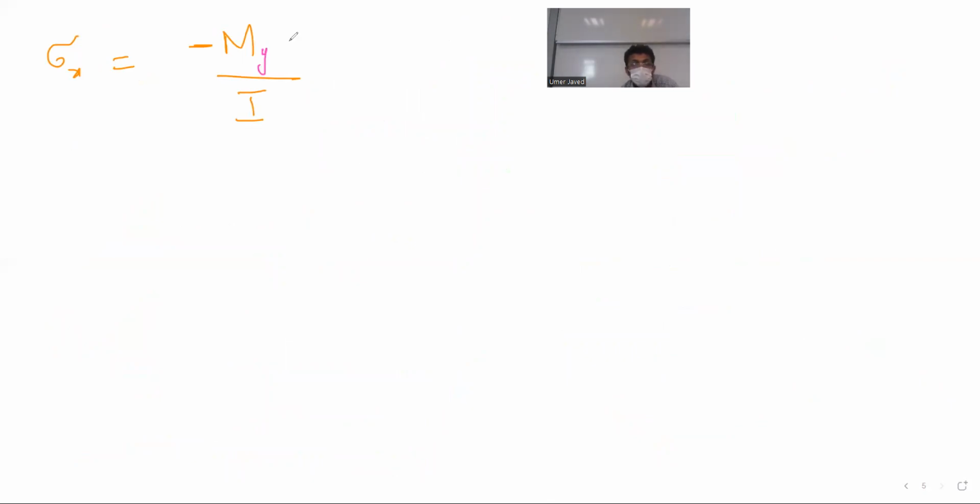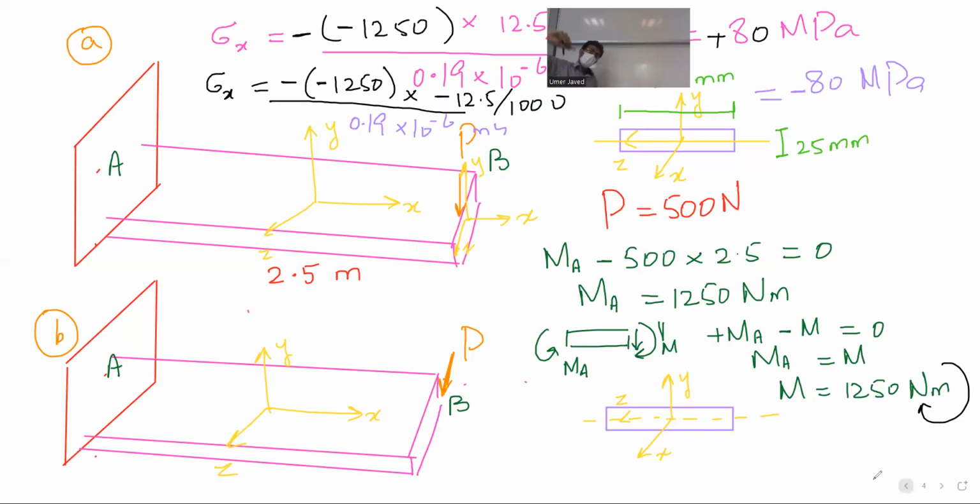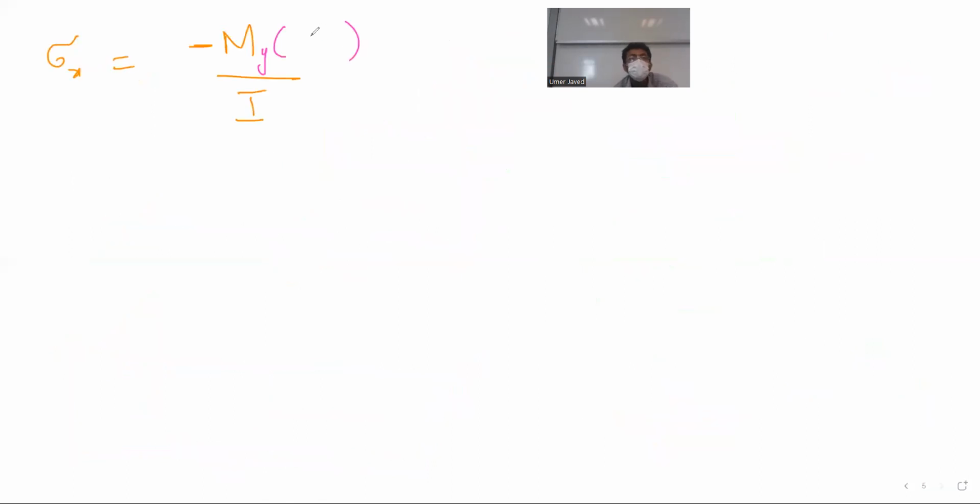Then what about this fellow? If I am talking about this fellow bending like this, then I have to talk about Z. Excellent answer, by the way. Someone immediately said Z. Then what about the moment of inertia?